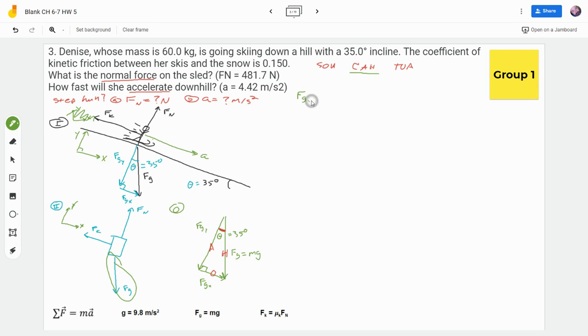F sub gy is equal to F sub g times cosine theta. If you started with cosine is adjacent over hypotenuse, you would end up here. Remember, F sub g is actually mg. So we're doing a lot of the same steps, but kind of out of order in this problem.